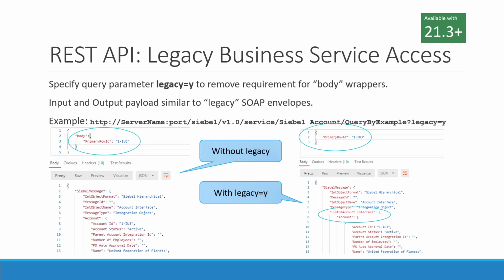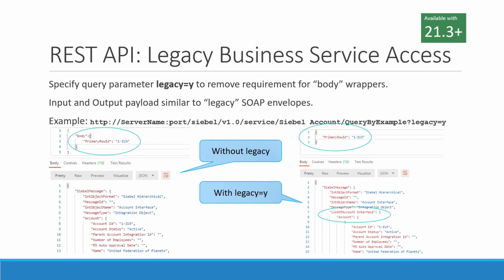The REST API has gotten a tiny little update in 21.3 with a new parameter, legacy is it by name, which is used when you are accessing Siebel Business Services through the Service API.